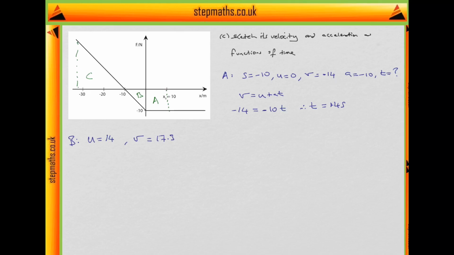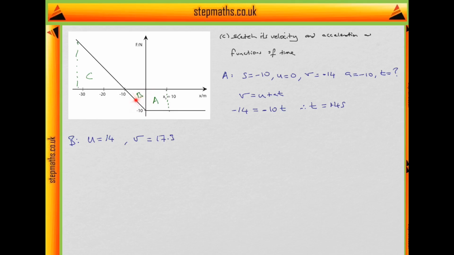Okay, well, we know that the gradient here is 1. And so that means that the force increases at a constant rate. So we can take an average of what the force is. We can average the force between 0 and minus 10, and so average it out as a force of minus 5 newtons.